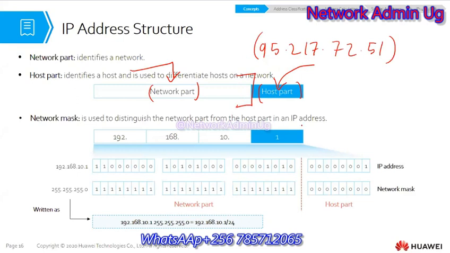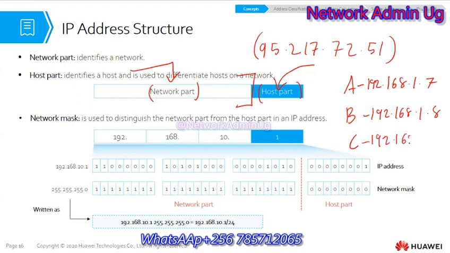For example, on my network I might have PCA, PCB, PCC. PCA could be 192.168.1.7. PCB could be 192.168.1.8. PCC could be 192.168.1.10.